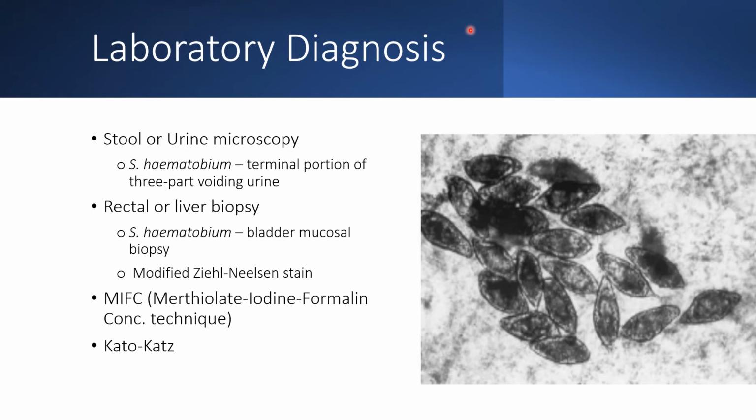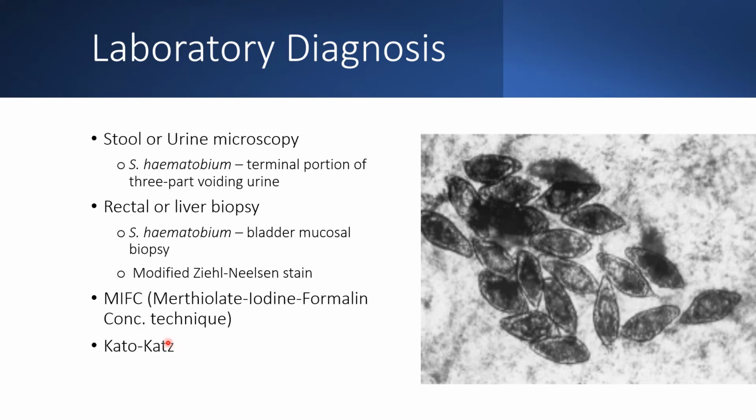Okay, FECT is recommended for concentrating eggs. However, it involves fixation, so it cannot be used to detect egg viability. So the best or recommended concentration technique is the MIFC, merthiolate iodine formalin concentration technique. We have as well to quantitate the eggs present in the stool specimen.